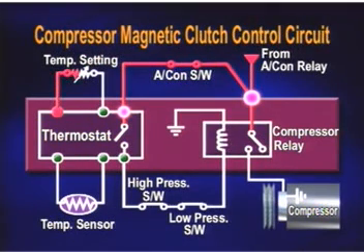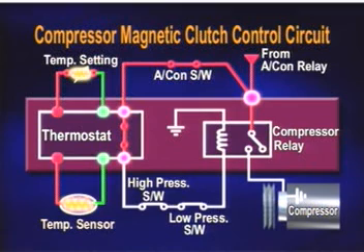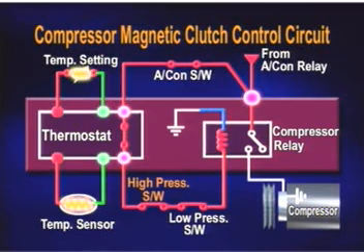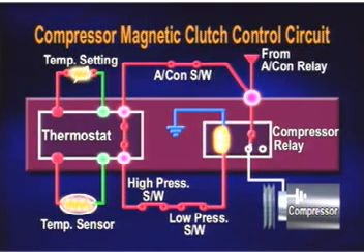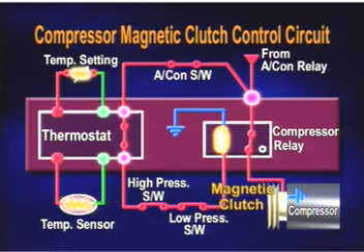The thermostat supplies positive current depending on the temperature setting value and the temperature sensor value. Power is supplied to the excitation coil of the compressor relay through a high pressure switch and a low pressure switch. Then, the compressor relay turns on, and standby power is supplied to energize the compressor magnetic clutch, and the compressor does the work.